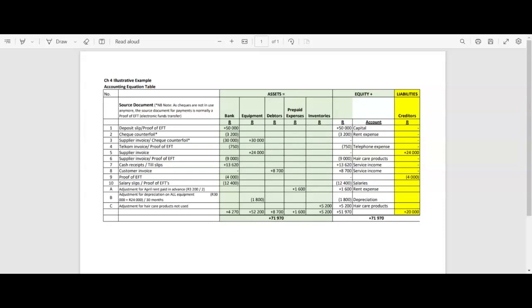Okay, so now let's go and draw up our statement of profit and loss, ladies and gents. Let me just pause there. Are there any questions at this stage? Doesn't seem to be any questions. Good or bad, I don't know. You're welcome to ask the questions. So let us go and have a look at our statement of profit or loss.